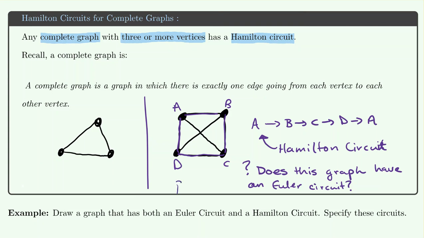I'd recommend that you pause the video, think of that criteria, and see if it applies to this graph. And the answer is no, because in this graph, every vertex is degree 3. And we know if there is any odd degree vertex, then there cannot be an Euler circuit. So while this graph does have a Hamilton circuit, it is guaranteed to not have an Euler circuit based on the degree count of the vertices.